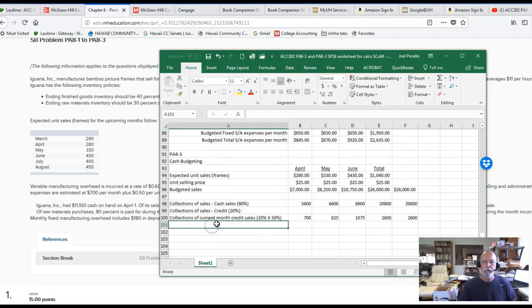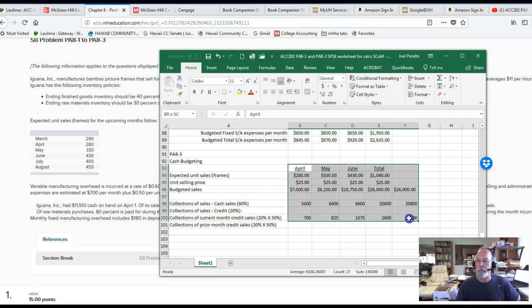And then we have collections of prior month credit sales. 20% times 50%. So the trick here is to get the prior month.